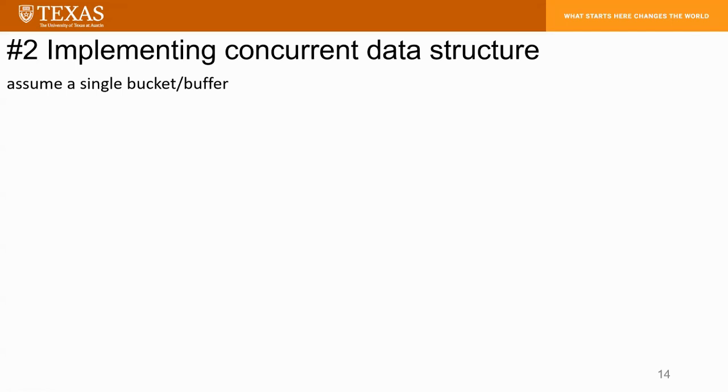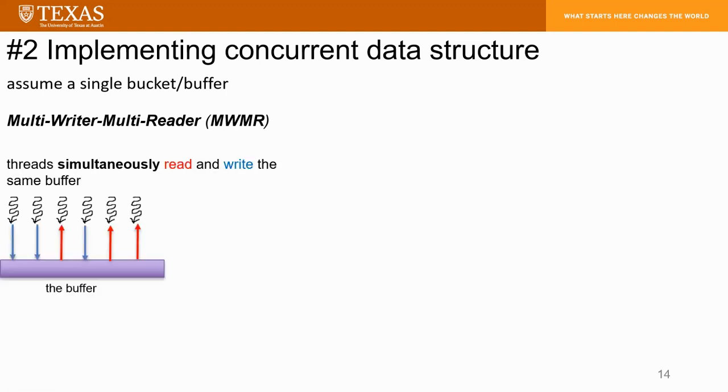Now let's talk about the second issue. How do we implement those buckets as a concurrent data structure? To simplify the discussion, let's assume only a single bucket is used. One way to implement a concurrent data structure is multiple reader, multiple writer. Basically, we only have a single buffer, and threads are allowed to read and write the same buffer.